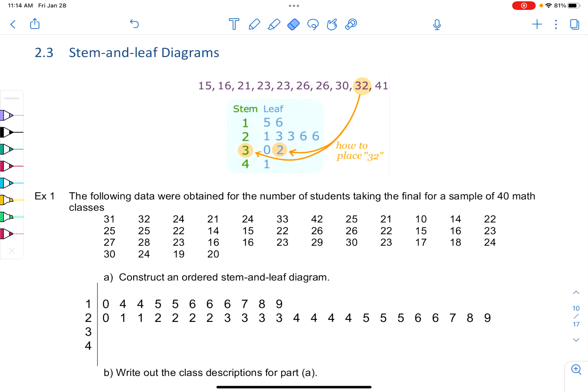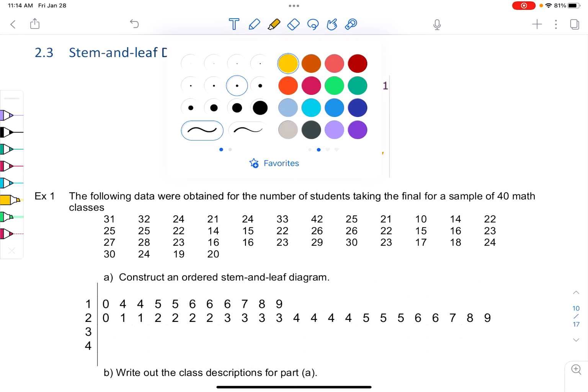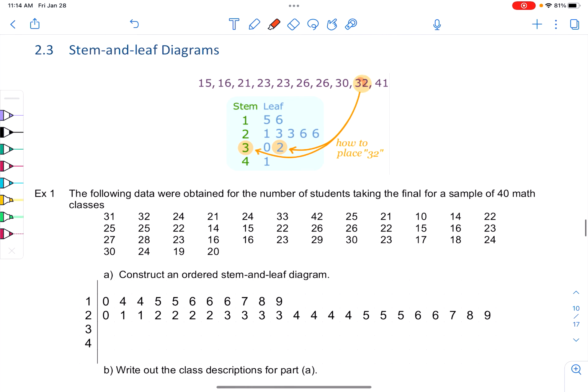So this is telling us that 32, the way we're going to put 32 on the graph is we put 3 in the stem. We're putting the first digit as the stem. Our stem here is the outside.